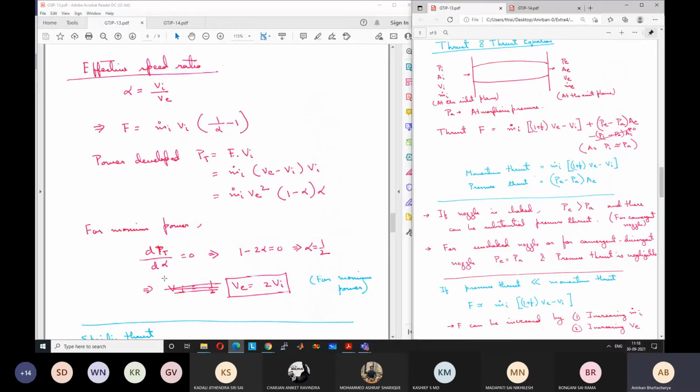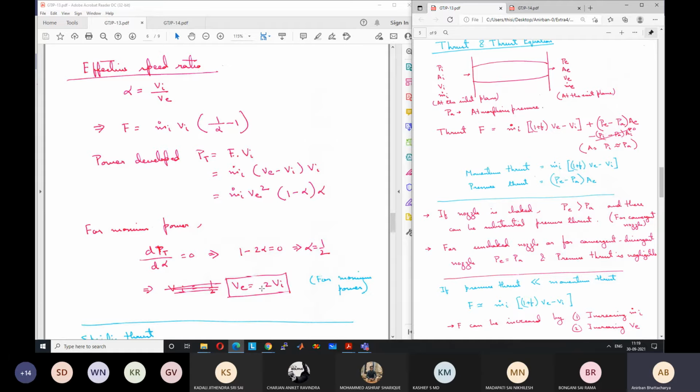If we take the derivative of this, you will get m dot_a V squared (1 minus 2 alpha), and that we are equating to 0. So 1 minus 2 alpha equal to 0, or alpha equal to half. If Vi is half of Ve, we get the maximum power from the engine.